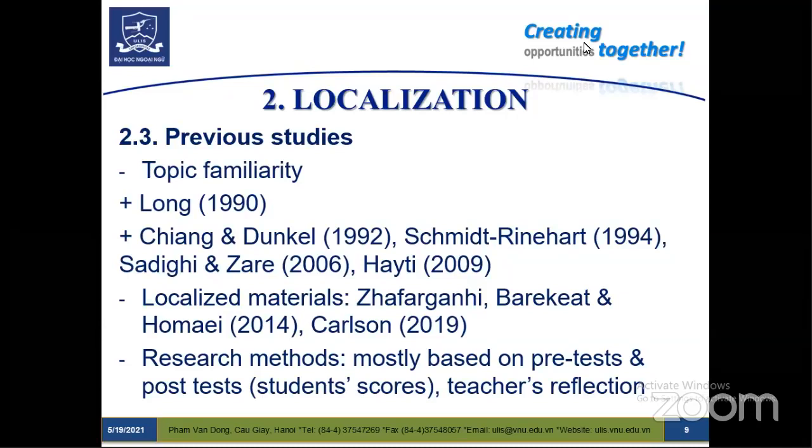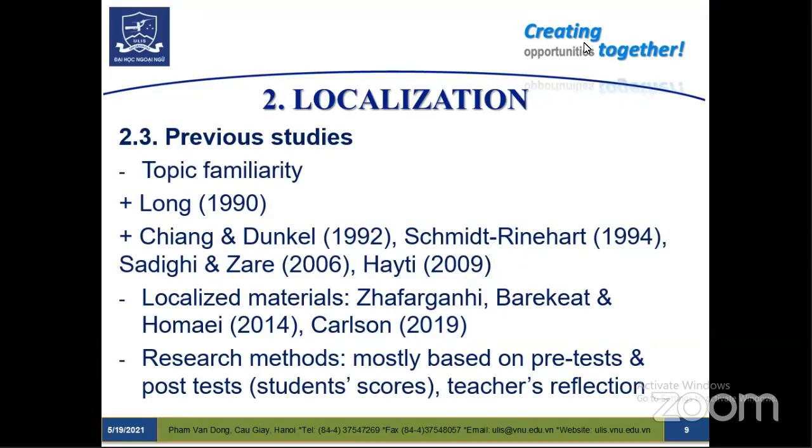So that is the point that I want to make clear here. You can see that in previous studies, they have shown that topic familiarity has some effect on test results. In most of the research, they base on a pre-test and a post-test with student scores.